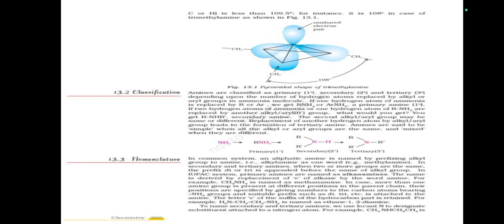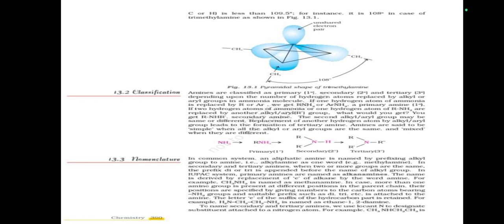If two hydrogen atoms of ammonia, or one hydrogen atom of RNH2, are replaced by another alkyl or aryl group, now what would you get? R-NH-R, a secondary amine. The second alkyl or aryl group may be the same or different. Replacement of another hydrogen atom by an alkyl or aryl group leads to the formation of tertiary amines.